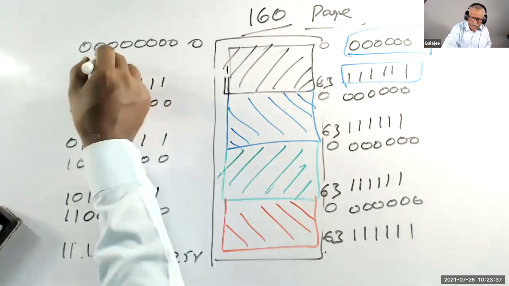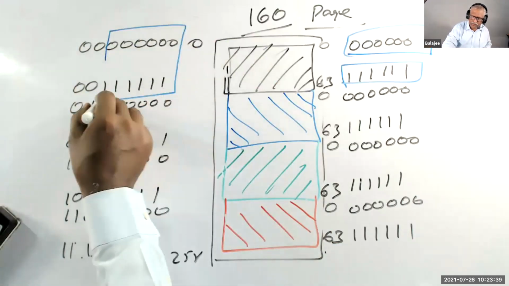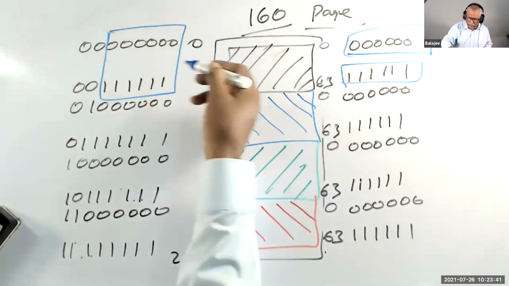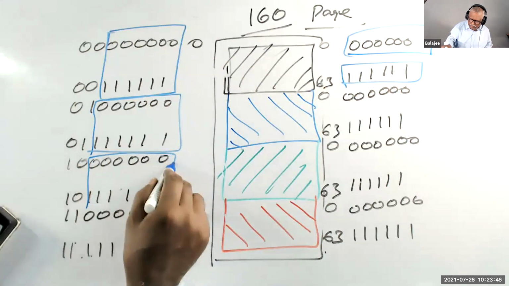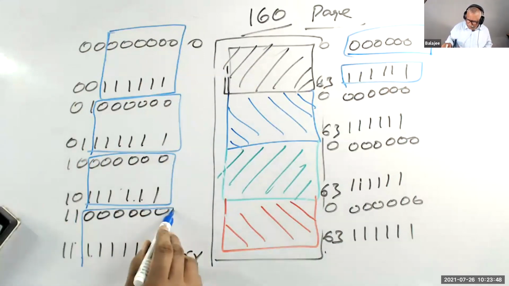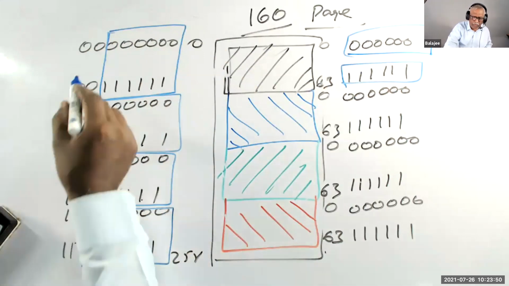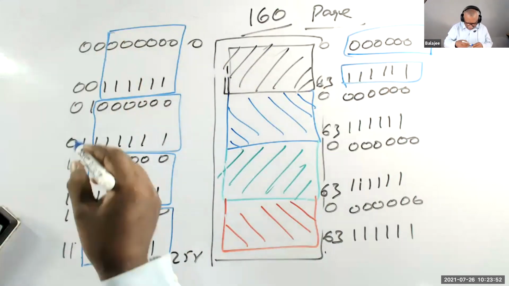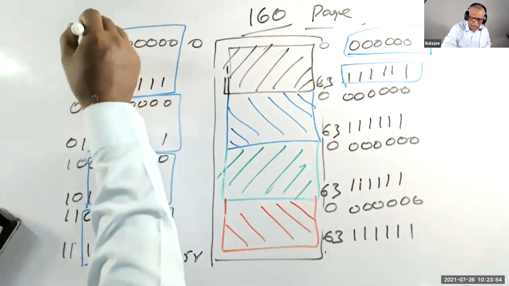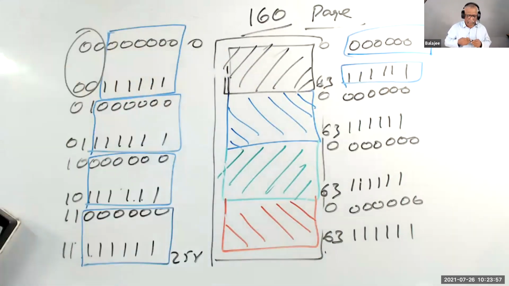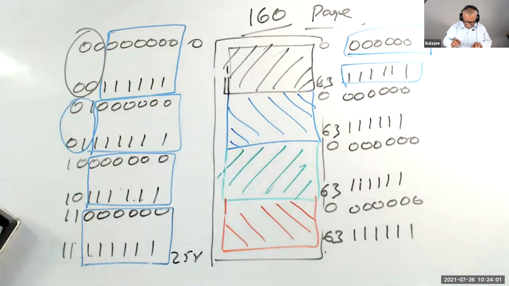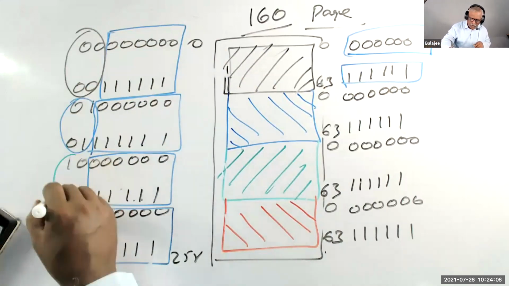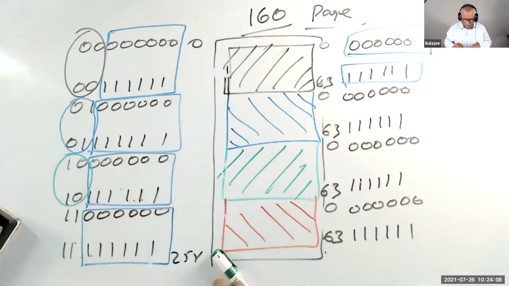So this part is common, this one is common. What is not common is the first two bits. The 0, 0 is for the first notebook, 0, 1 is common for blue, 1, 0 for green, and 1, 1 is common for red.